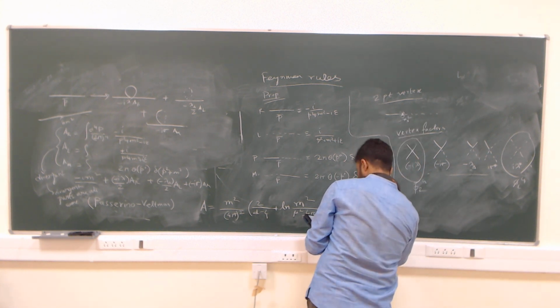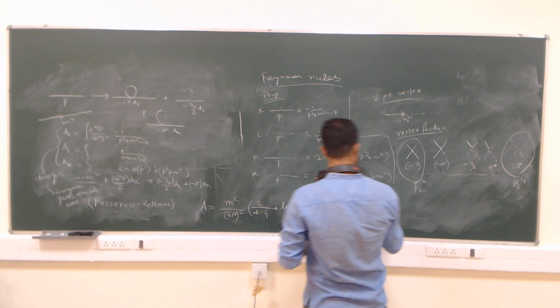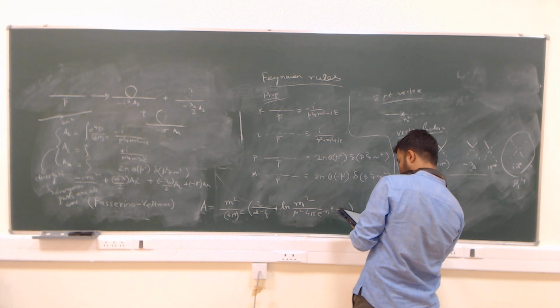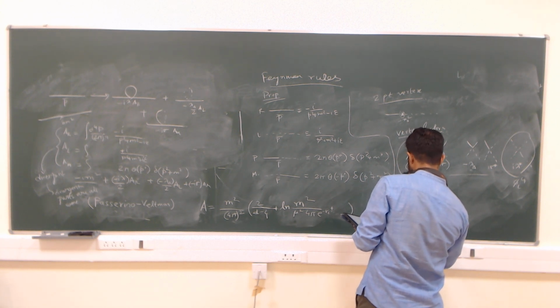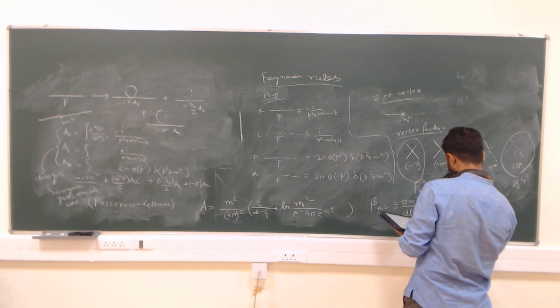Basically, what one can see is beta for n square, this coupling n square will come out to be g n square over d n mu, gamma 4 pi square.